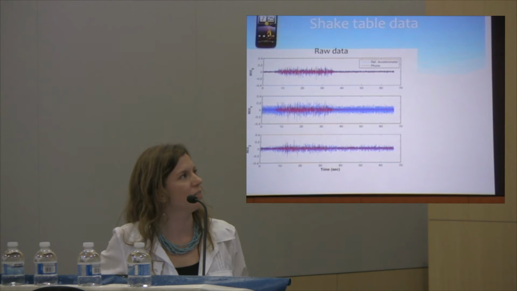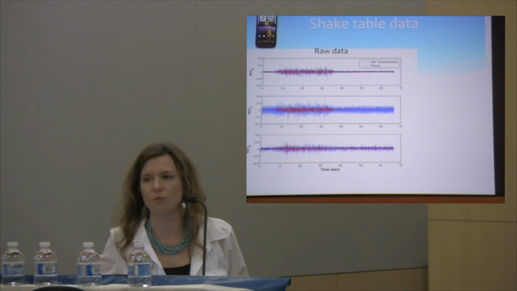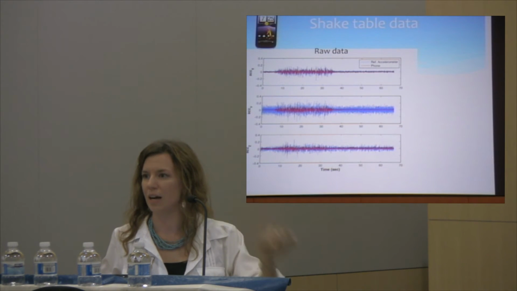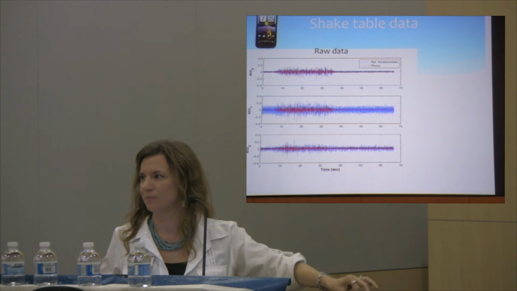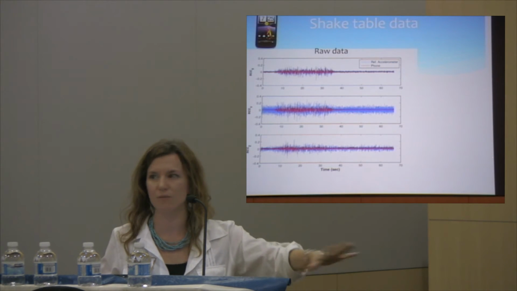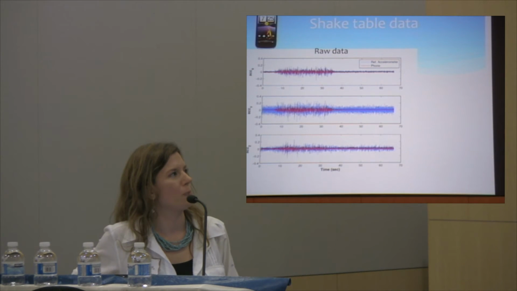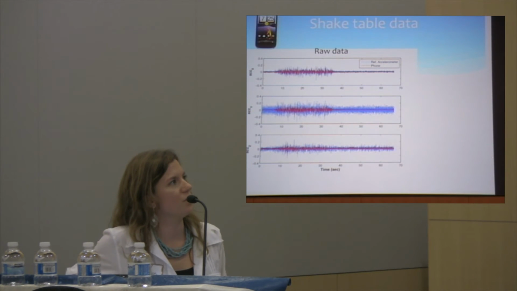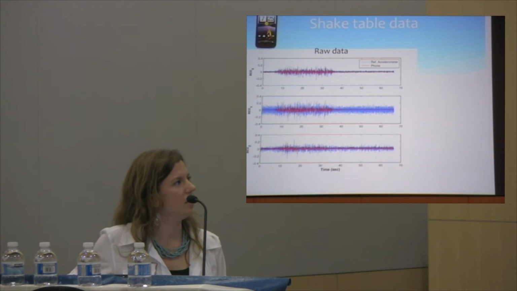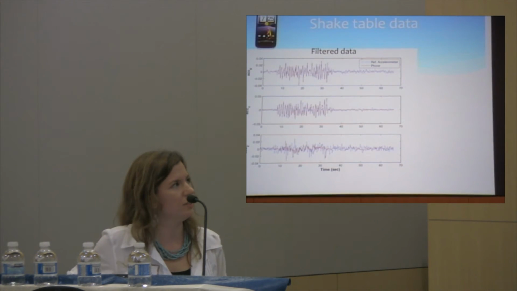And so what does this data look like? Well, we have a reference high-quality accelerometer taped to the shake table, so we have some idea of what our control is. And then you just start taking data. And the raw data doesn't look so interesting, but what about filtered data? This is starting to look pretty good.